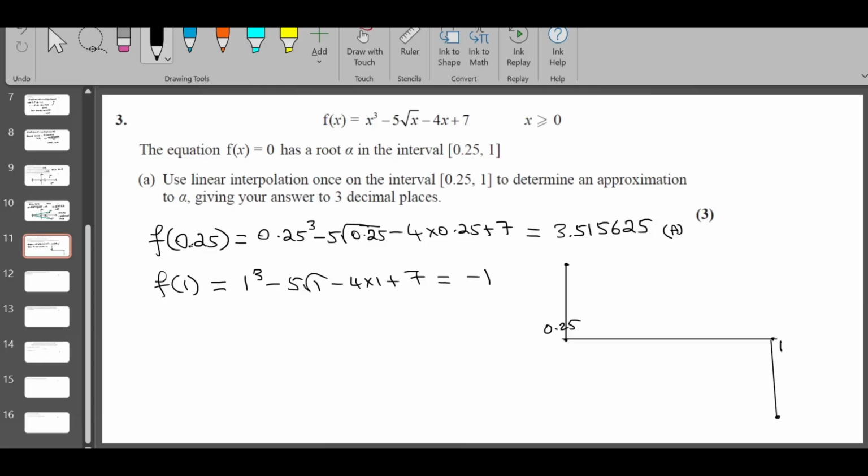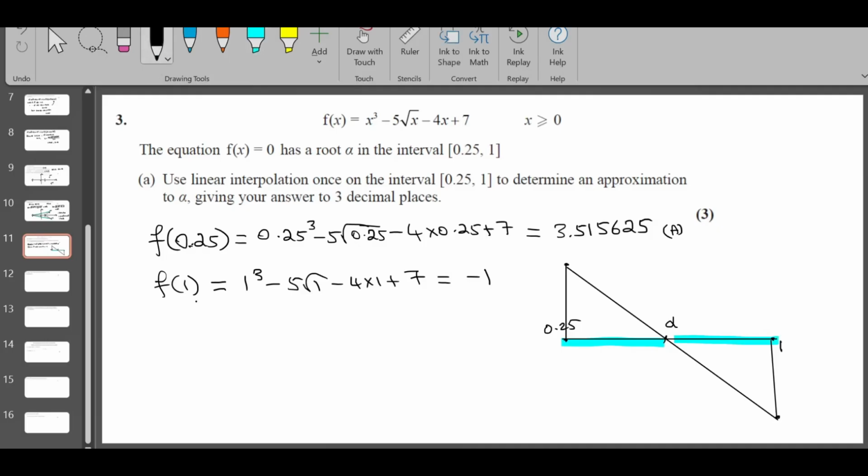I'm going to draw a line here. So we are going to assume that this is alpha, the root between these two. And we are going to use the similar triangle method. What is that method?